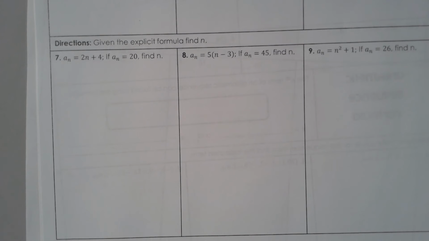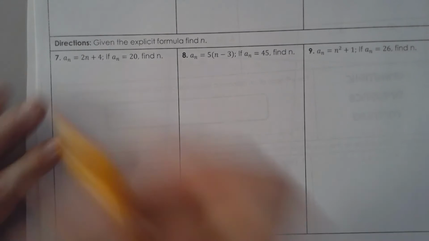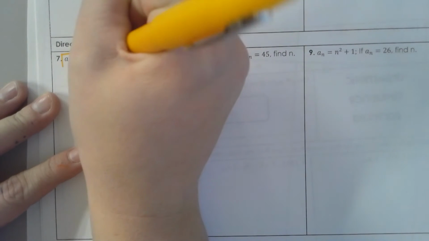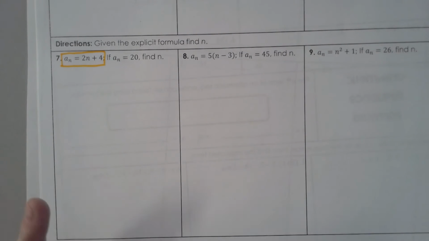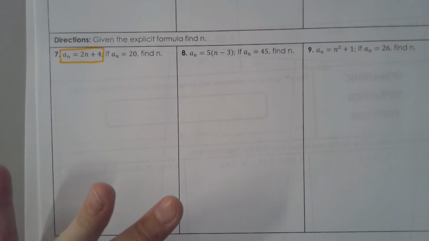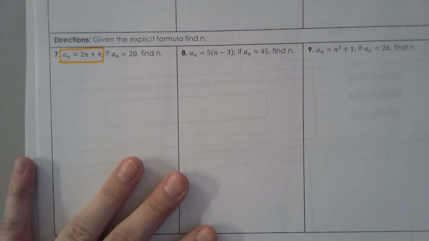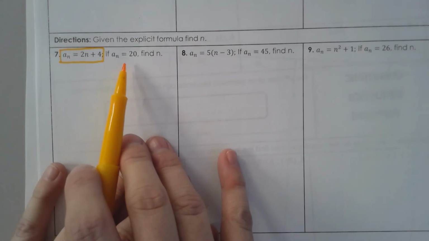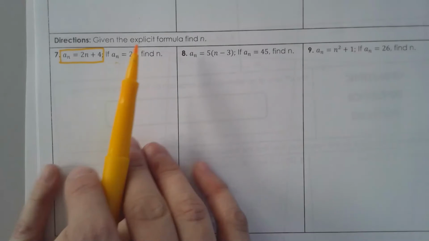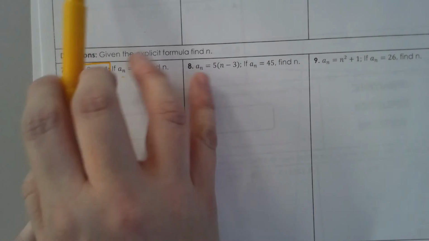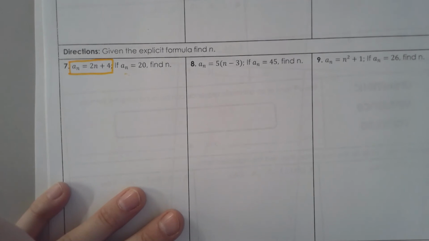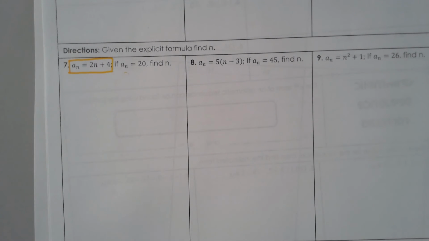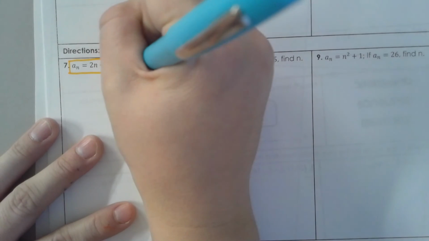Number 7, I give you the formula, and do I give you the n this time? No. I'm asking you to find the n. So it's different. You do not plug in a 20 for the n. Instead, I've given you A(n).